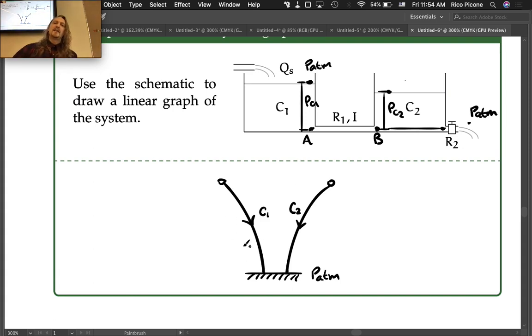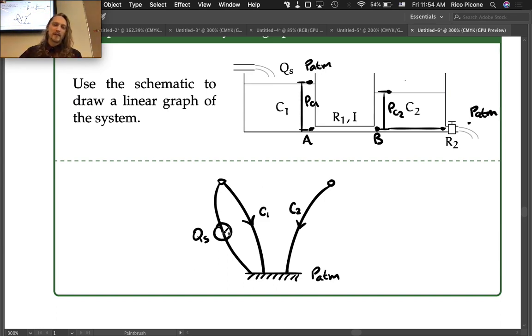What feeds this C1 capacitor? QS, right? The fluid volumetric flow rate source, QS. And now we have a question of signs. I already drew the arrows pointing down here. The sign convention for fluid systems I don't really get into. You can draw them in any direction you like, except the source has to be consistent with what direction the physical source is going.